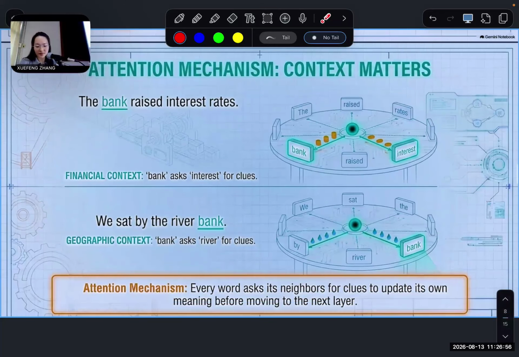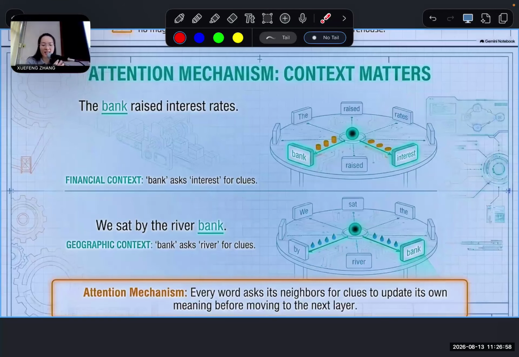Attention mechanism, okay? Context matters. This is the key mechanism that makes modern LLMs work, which is attention. So let's take the word bank by itself. If I just tell you bank, it's ambiguous. What do you mean? The financial institution or the river bank, all right? So look at the first sentence. If we use the surrounding text, okay?